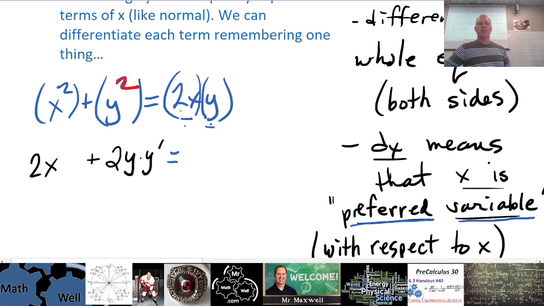The derivative of the first, because it's an x function and we're differentiating with respect to x, is plain old 2. So the derivative of the first times the second, 2 times y, plus the first, 2x, times the derivative of the second. Well, because the second is a y term, it's not the preferred variable, right? So we just write y prime here.